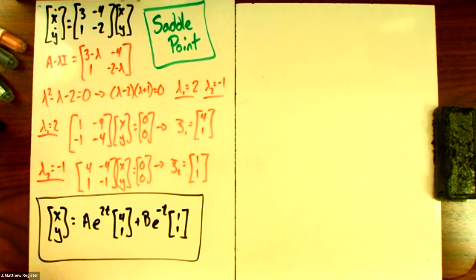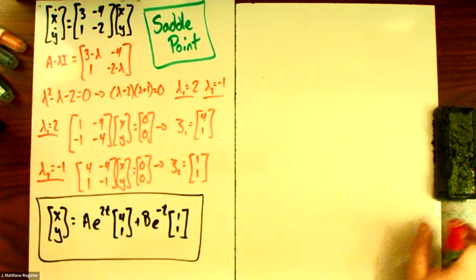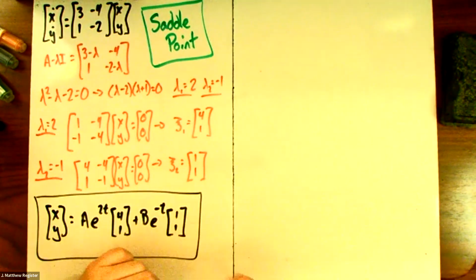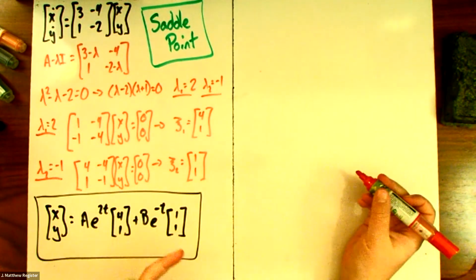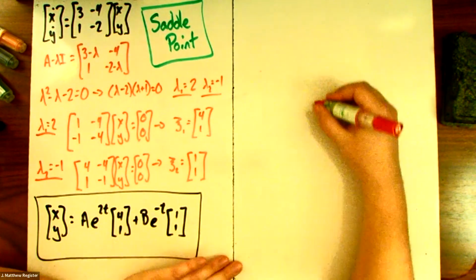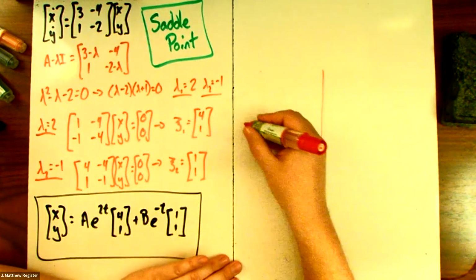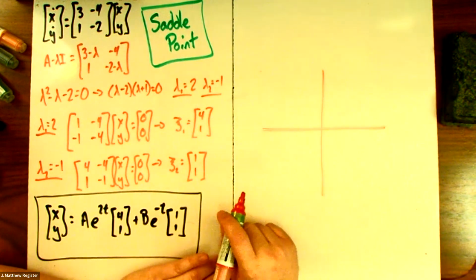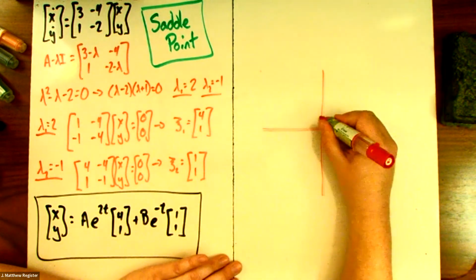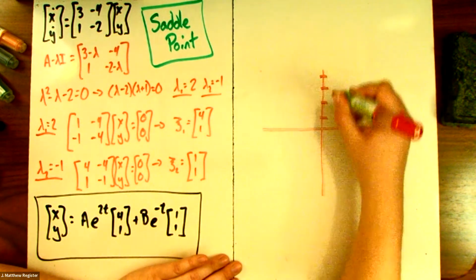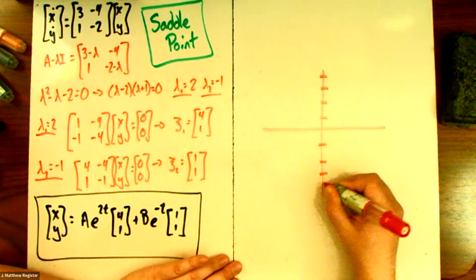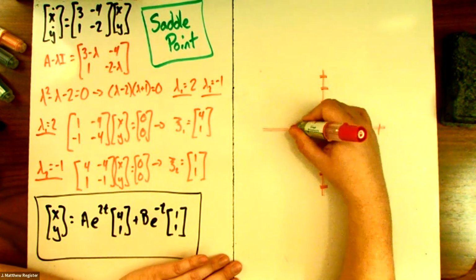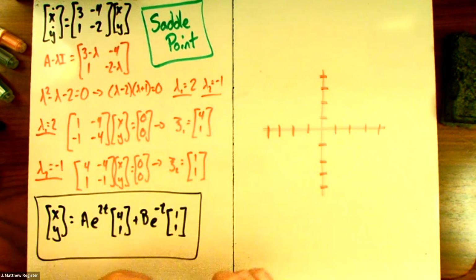The last thing we'd like to do is graph this. And so let's draw the phase diagram for this system. In order to do that, we need to have a Cartesian coordinate system. And so let's see if we can make a simple Cartesian coordinate system. Oh no, my pen is running out of ink. That's all right. 1, 2, 3, 4, on each axis.